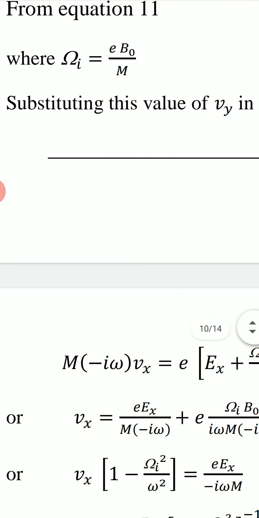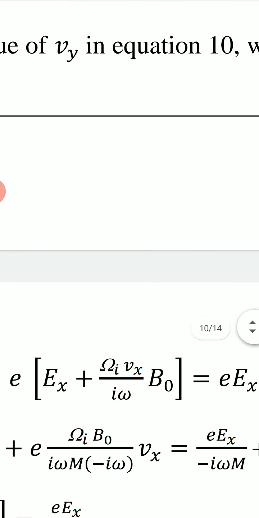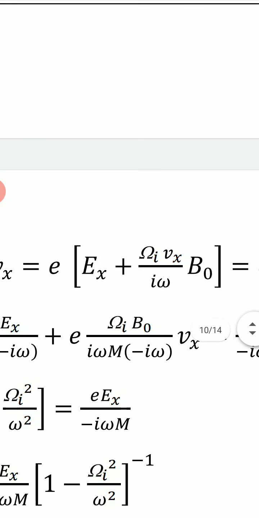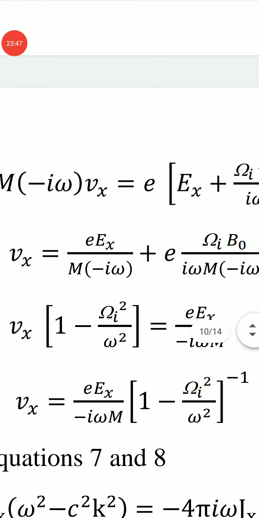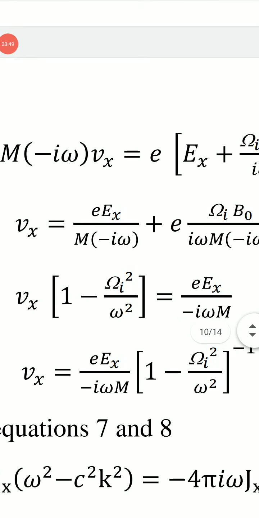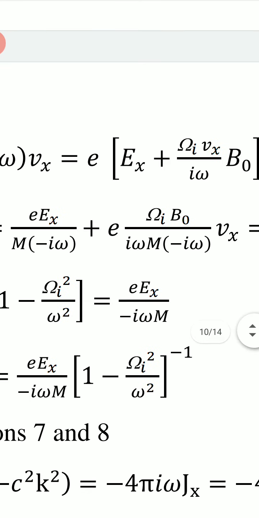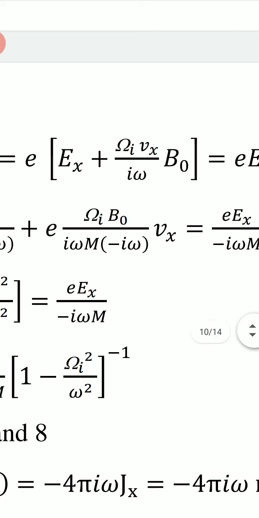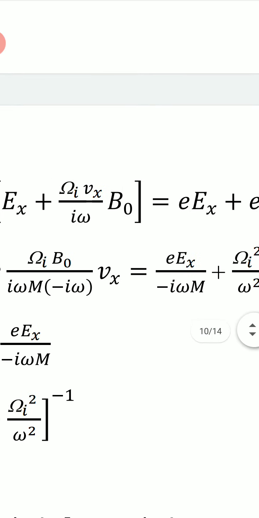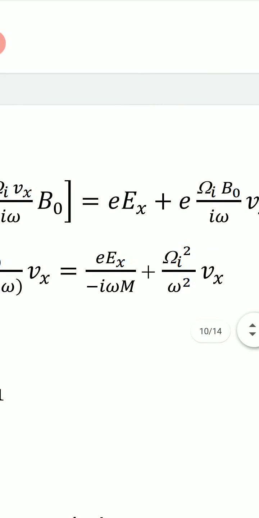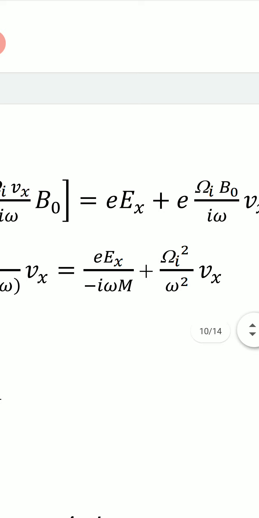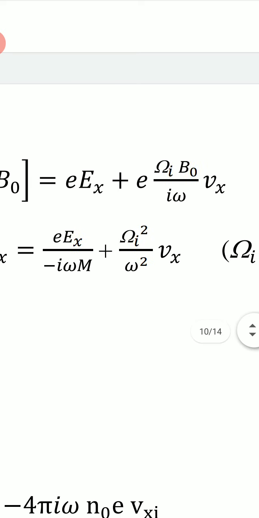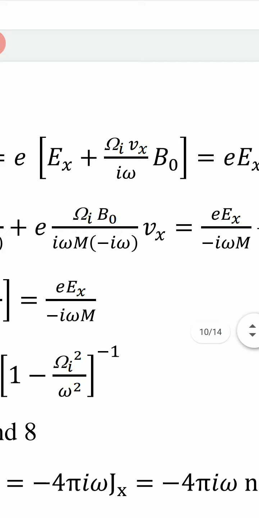Substituting this value of Vy in equation 10, we have m into minus i omega Vx equal to e Ex plus e omega i Vx upon i omega B0, which equals e Ex plus e omega i B0 upon i omega Vx.